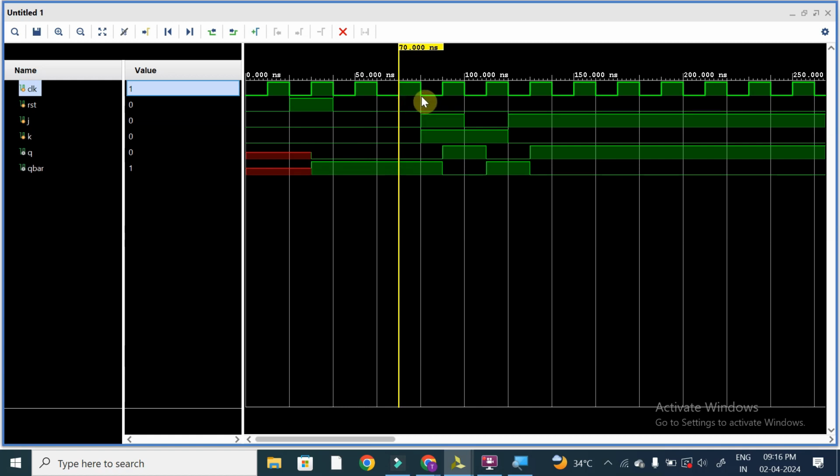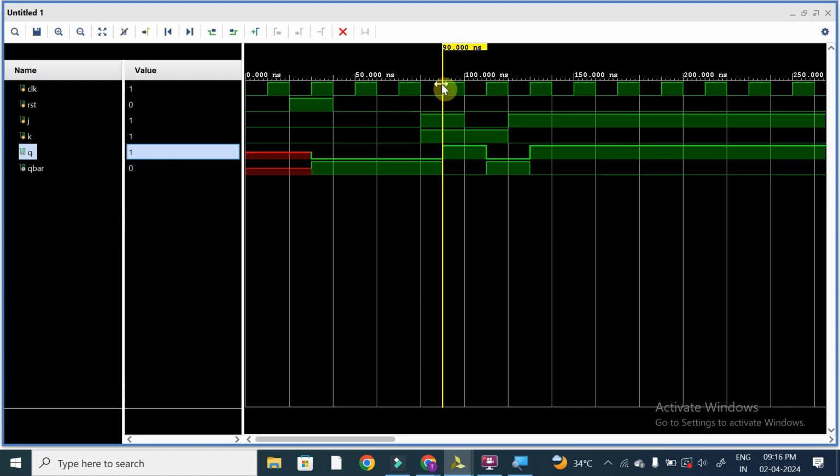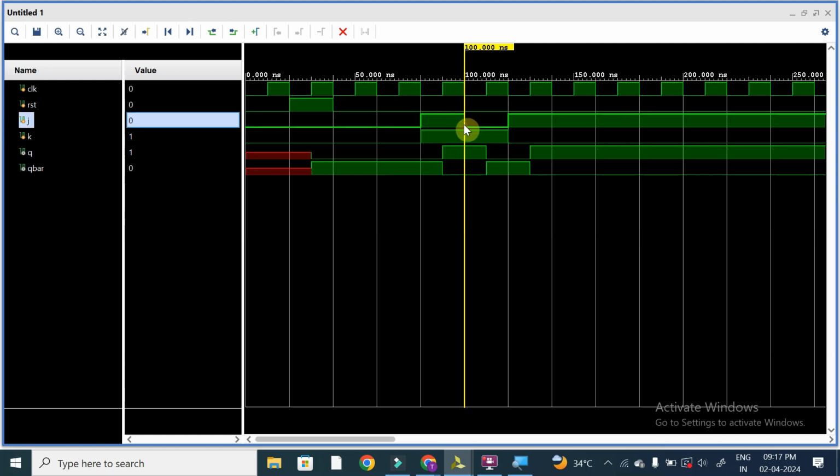And again, I'm driving j is equal to 1 and k is equal to 1 at negative edge of the clock. So the output should get toggled, and it is happening at the positive edge of the clock. Here we can see q is changing from 0 to 1 and q bar is changing from 1 to 0. Again, I am changing the inputs j and k at negative edge of the clock: j to 0 from 1, and k I am keeping as 1.